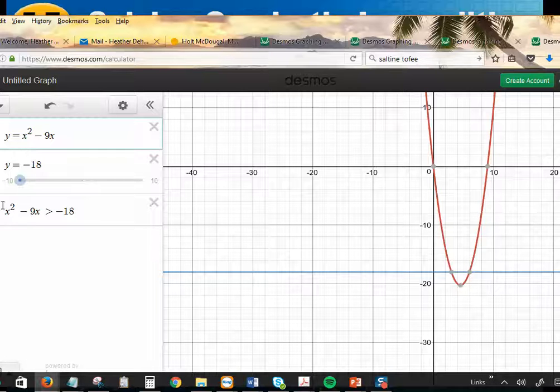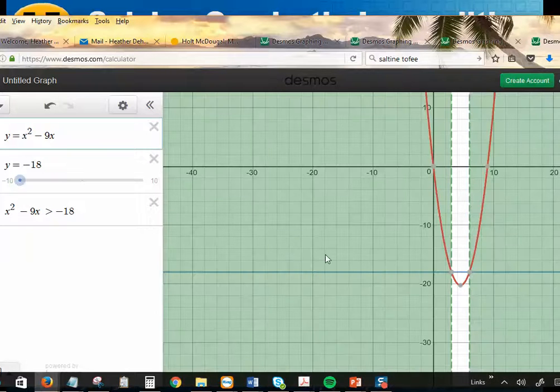Now, if I type the whole thing into Desmos, with the inequality in both sides, you will see the green shading is the solution area. So it's when x is less than 3, not equal to, because they're dashed lines, because it's greater than, not greater than or equal.